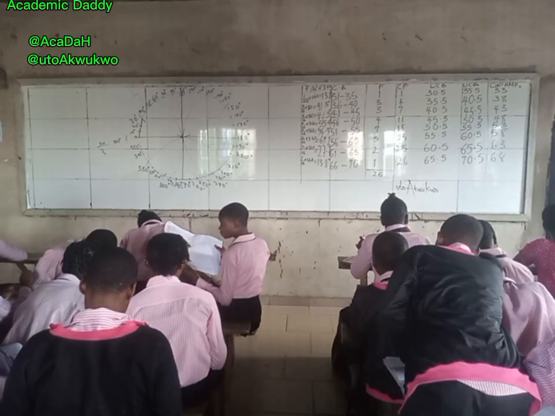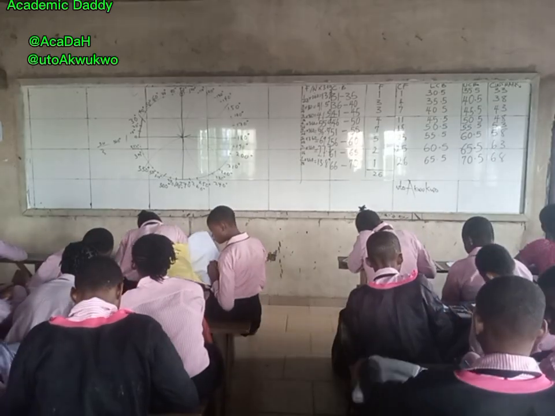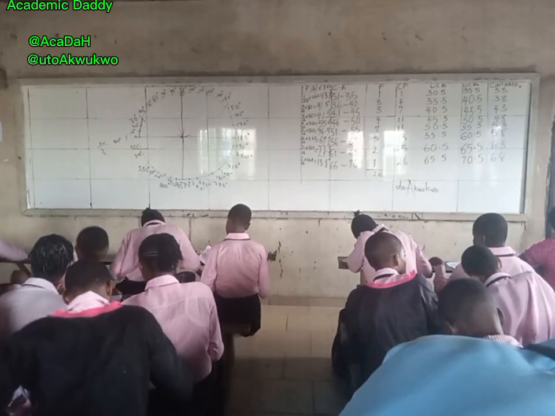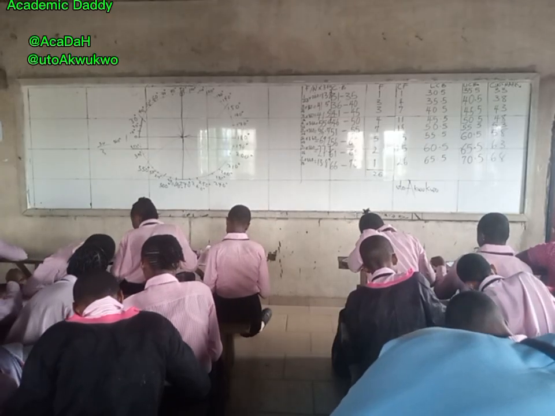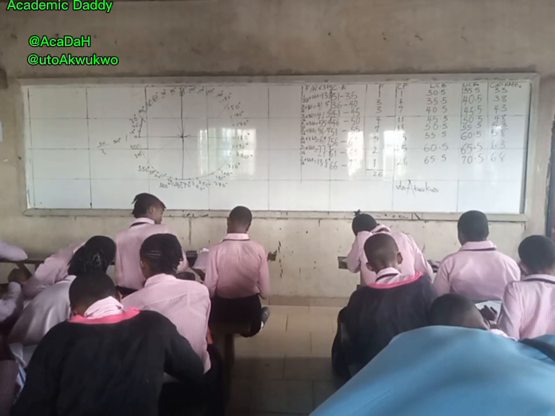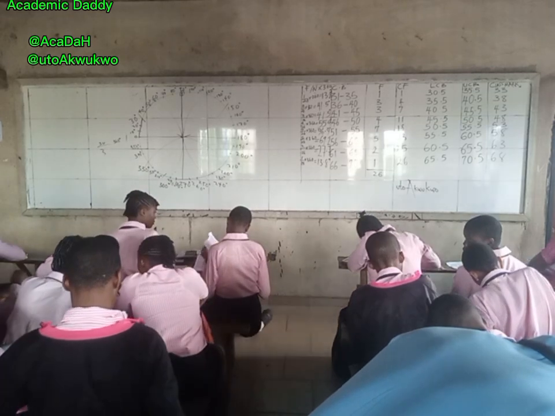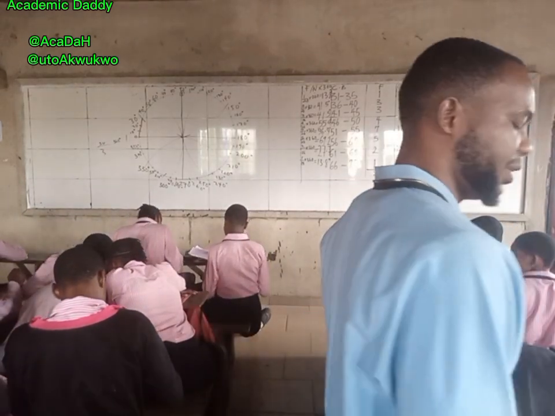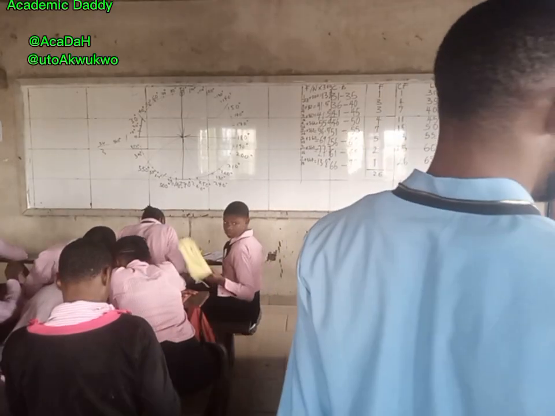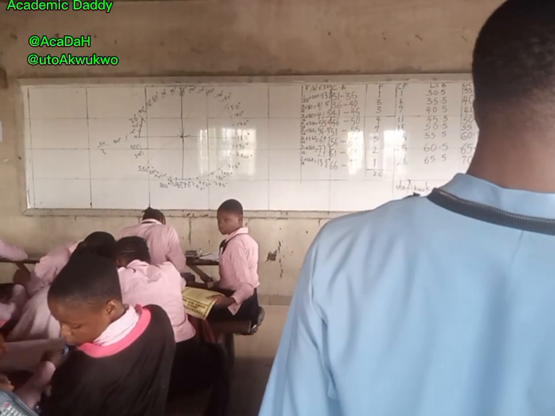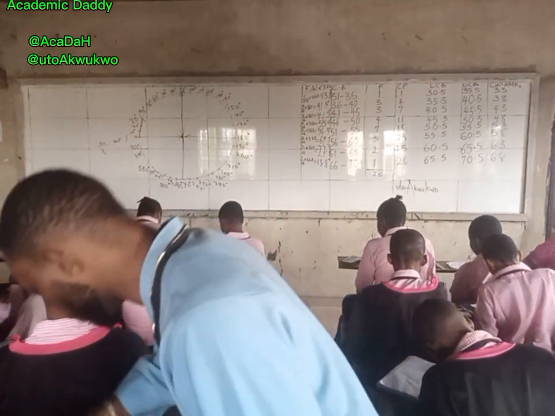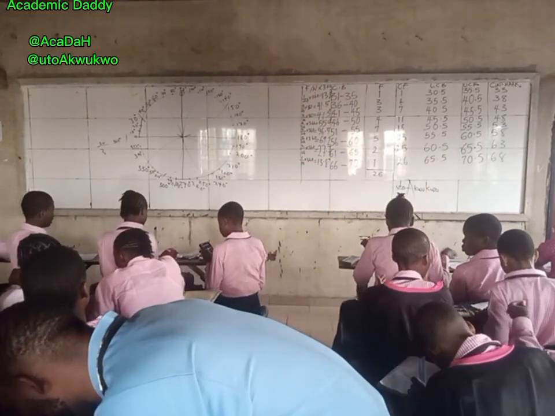Find the meter rule, not this one. Two divided by 3. Punch your calculator. 2 divided by 3 is 0.9. Just come here. Knock out.